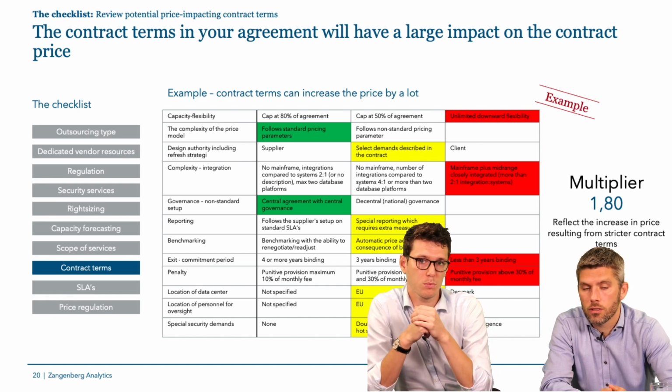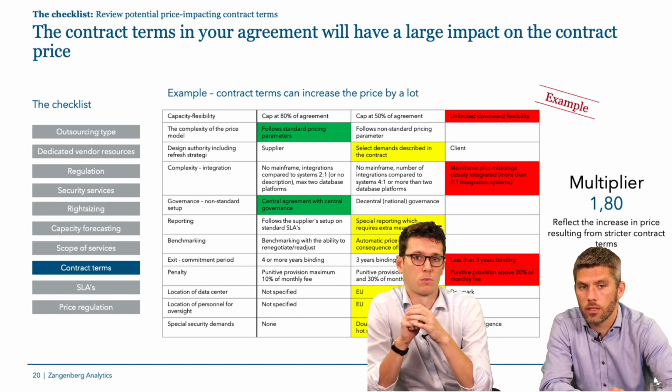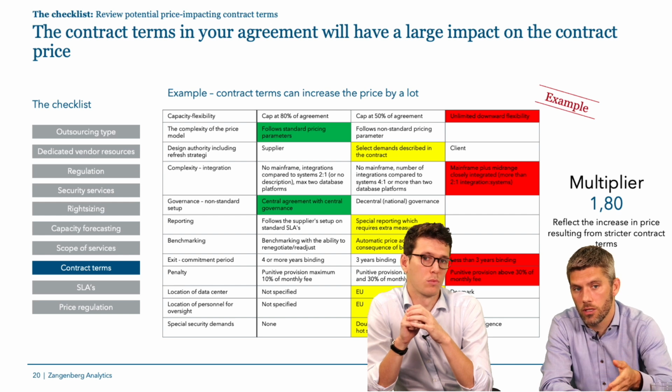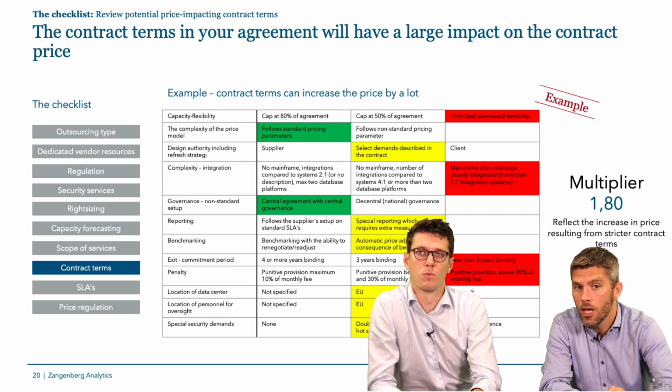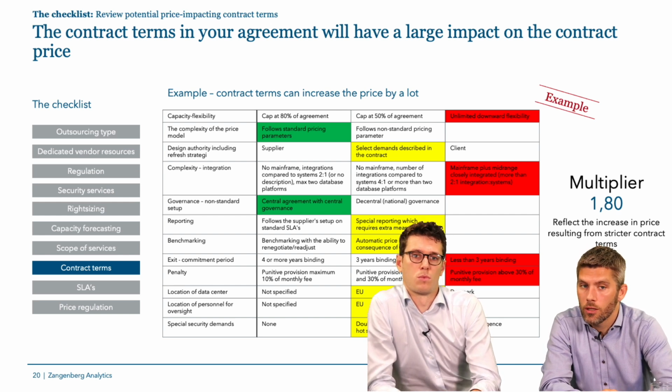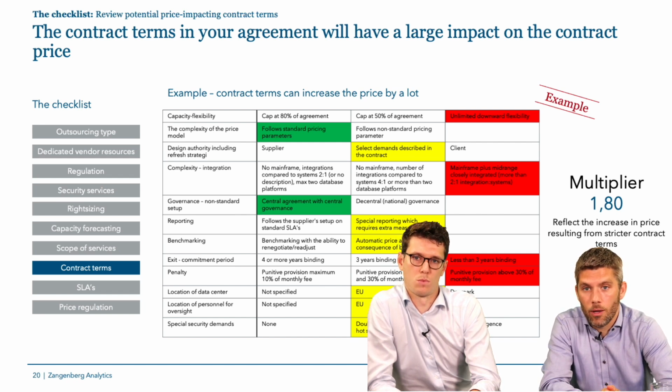But of course, if it's a sunset system that you are doing an agreement on, you need to include it. It will just come at a price if you want to be able to turn the capacity all the way down below 50% of the initial capacity.